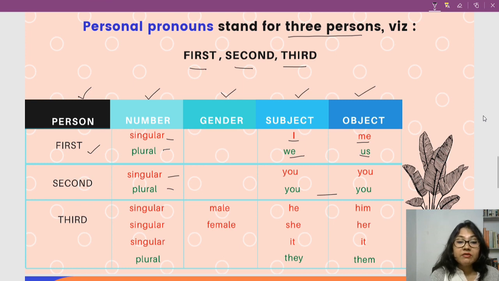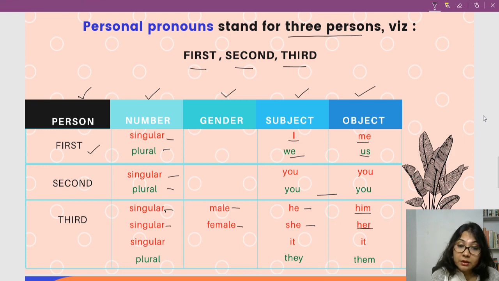Now, if it is the third person, the number is singular and the gender is male, then the subject, we always say he, and for object, we say him. Again, in the third person, singular, if the gender is female, for subject, we say she, and for object, we say her.